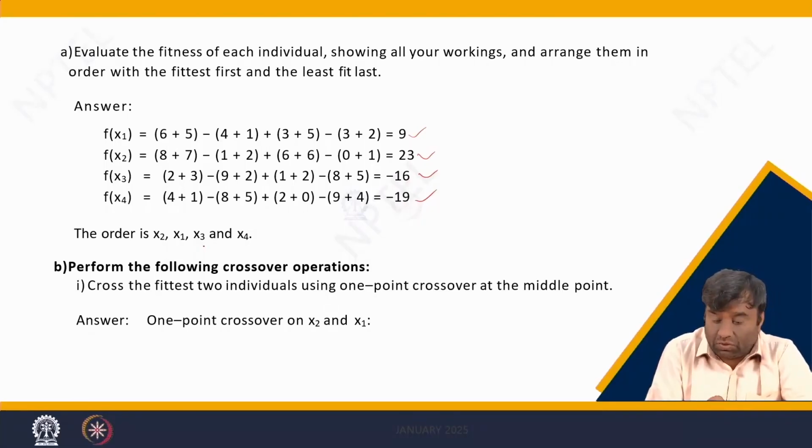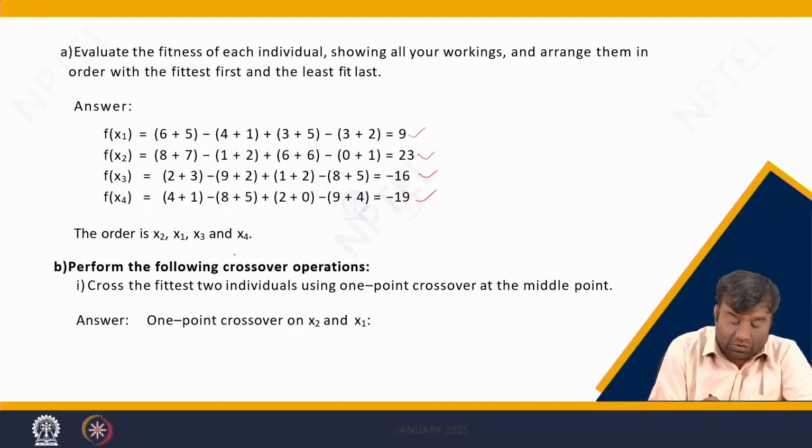So we need to order. The highest value, the maximum value, is the first rank. So that is x2. So the order is x2, next is 9, that is x1, next is minus 16, x3, and the last one is x4, which is minus 19.